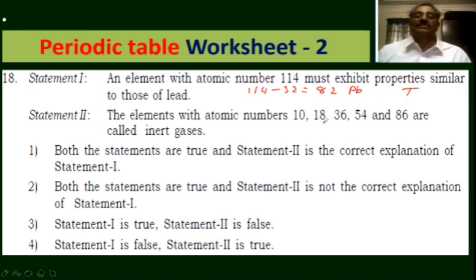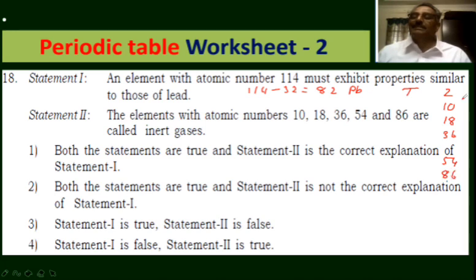So this is true. Statement 2 is, the elements with atomic numbers 8, 18, 36, 54 and 86 are called inert gases. We already discussed that. The first inert gas has atomic number 2. Next one is with atomic number 8, then 18, then 2 plus 8 plus 8 plus 18, that is 36, plus 1 more 18, 54, and plus 32, 86.